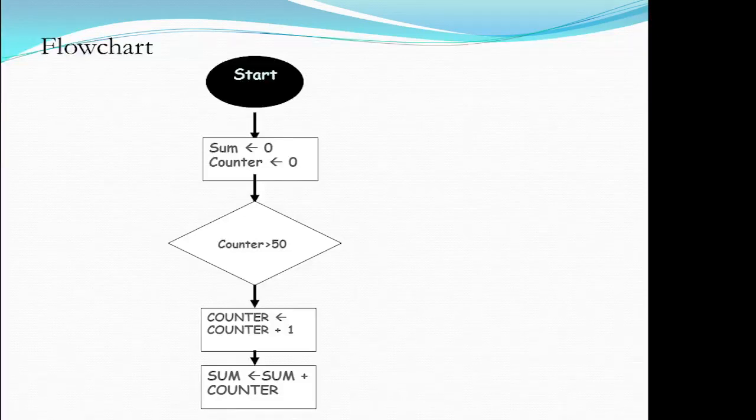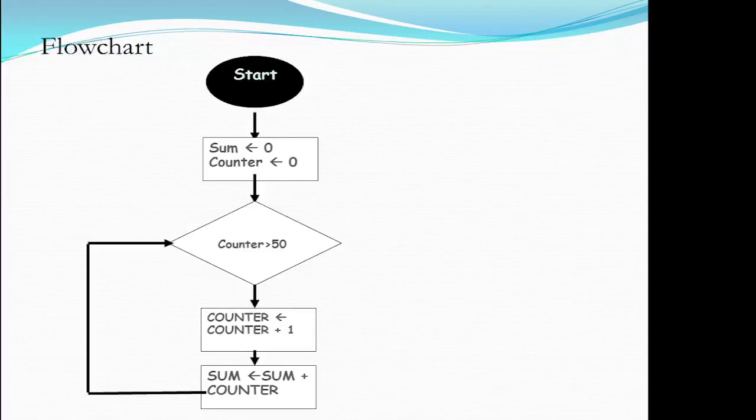Then it comes directly back to checking: counter 1 is greater than 50? False, no. Then counter plus 1: 1 plus 1 is 2, so now counter becomes 2.